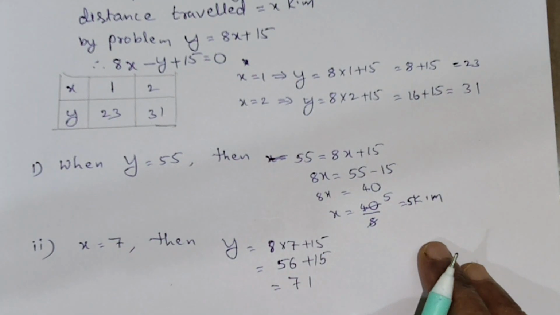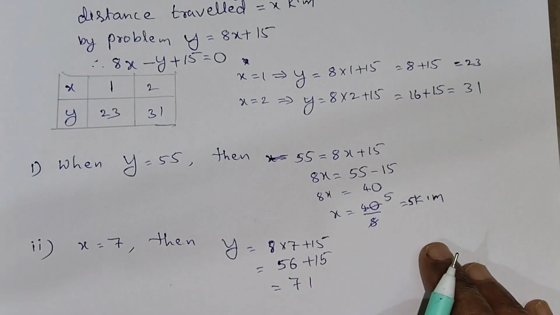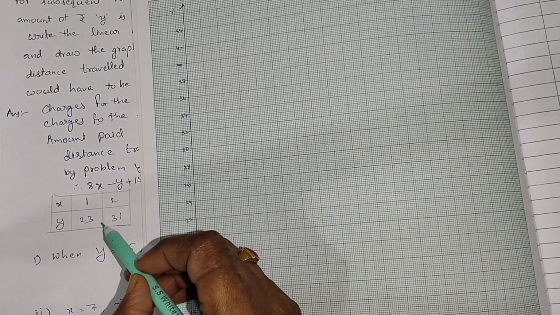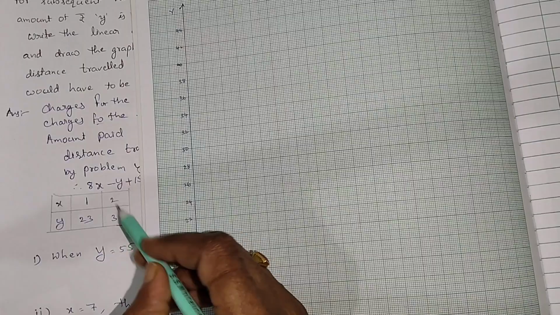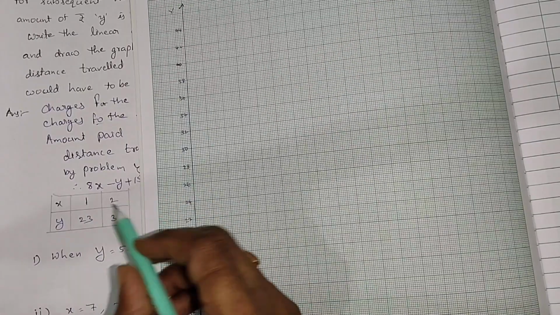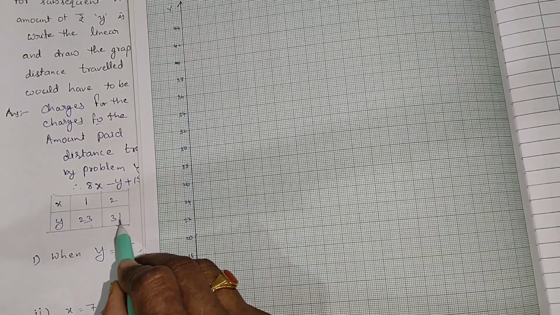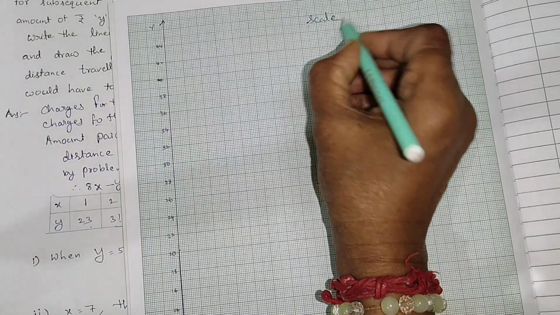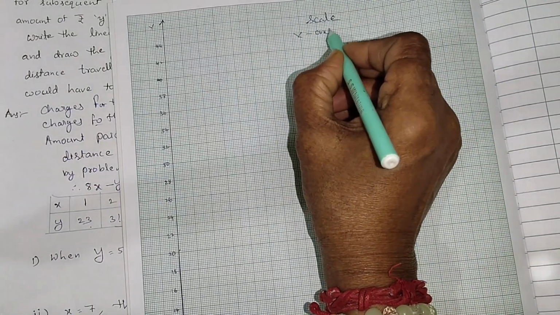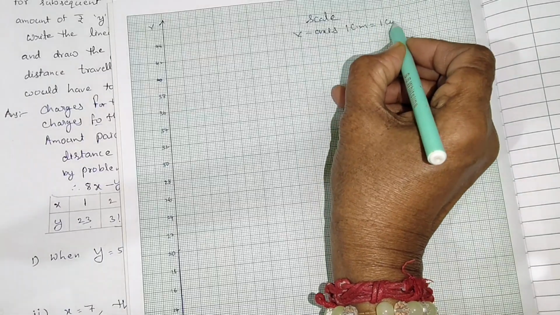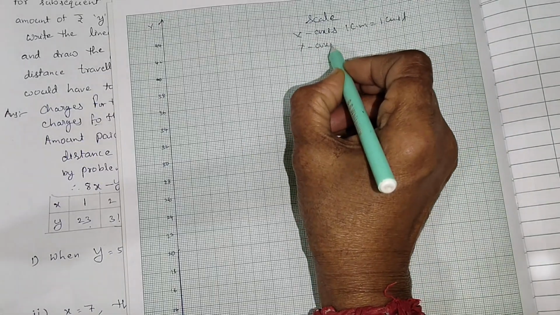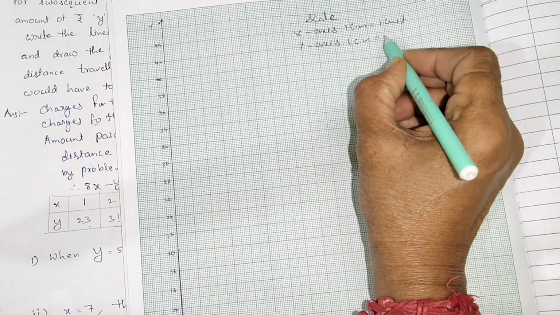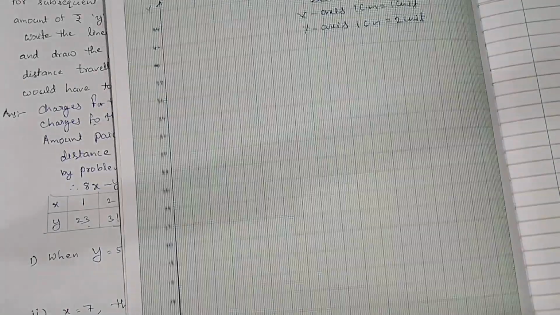So next we draw the graph. Now first we observe the x and y values. The least value on the x axis is 1, then 2, and on the y axis 23 and 31. So we write the scale. First, on the x axis 1 centimeter equal to 1 unit, and on the y axis 1 centimeter equal to 2 units.